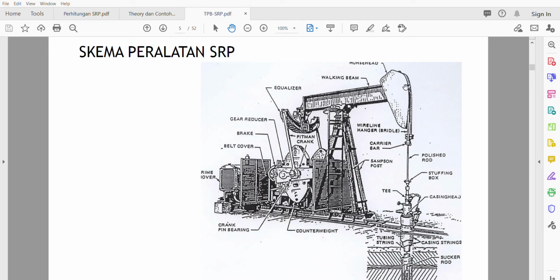Because of these circular parts, this moves up and down, and this moves up and down, and then there is a wire, held by this Samson post. Why is it called Samson? Because it's very strong.